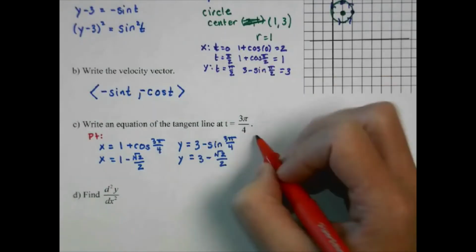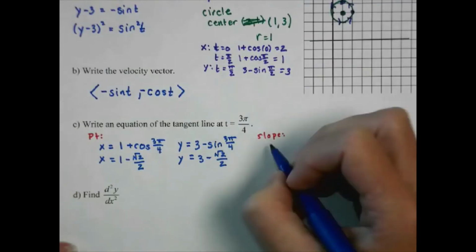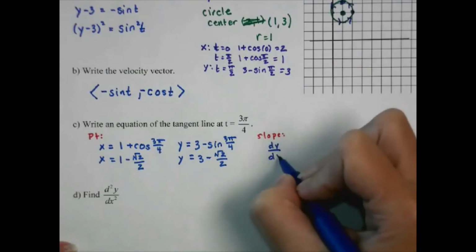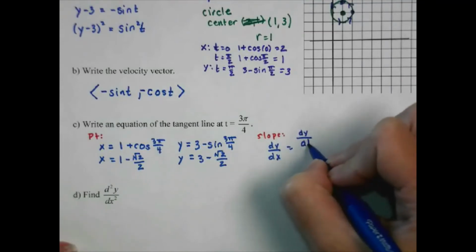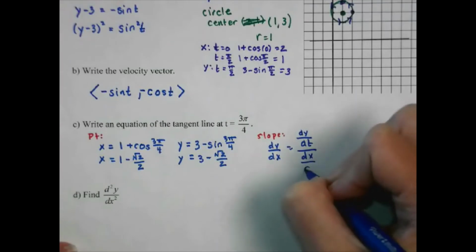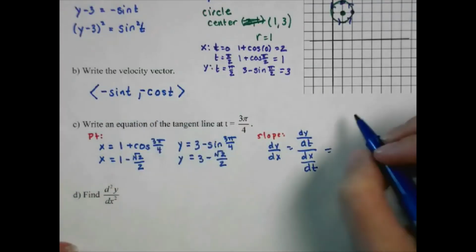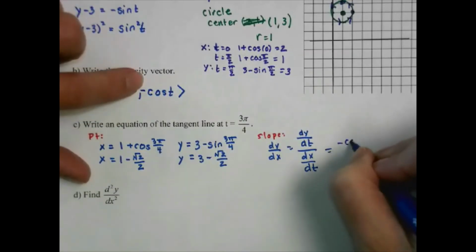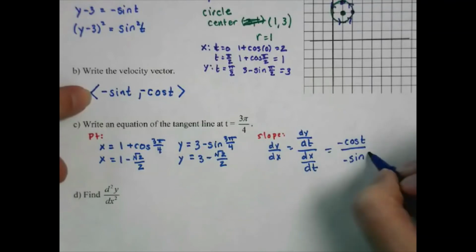The slope is always dy dx, which is going to be dy dt over dx dt, which we already figured out here. So my change in y is going to be negative cosine. My change in x is negative sine.